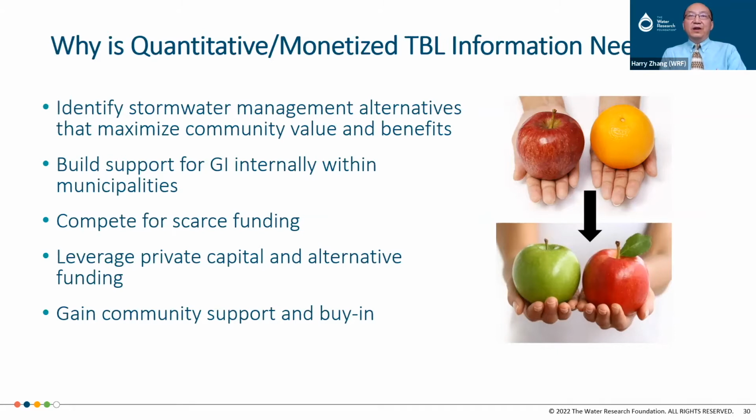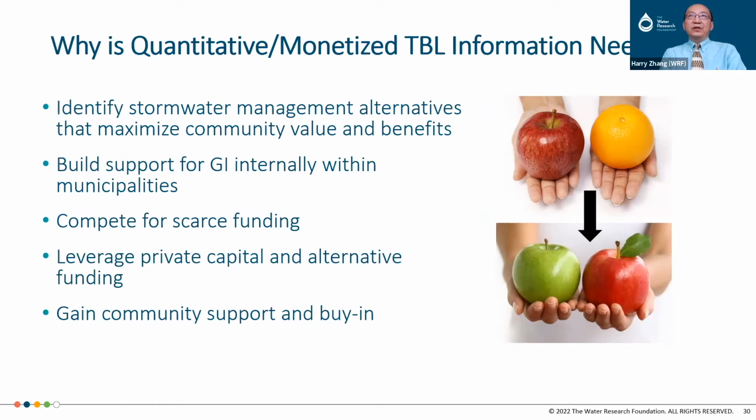own organization. For example, if the leadership or commissioner says, hey, I like the green infrastructure, but can you tell me how much benefit you can generate from putting in more green infrastructure? And in some cases, it also becomes important for the value proposition, which can help with scarce funding and maybe help you go further.